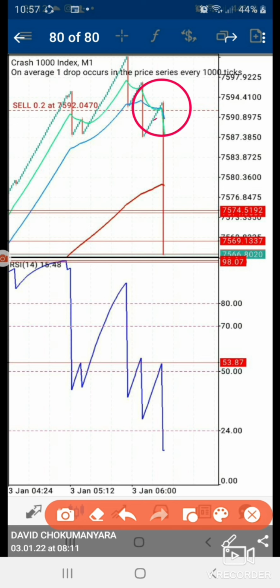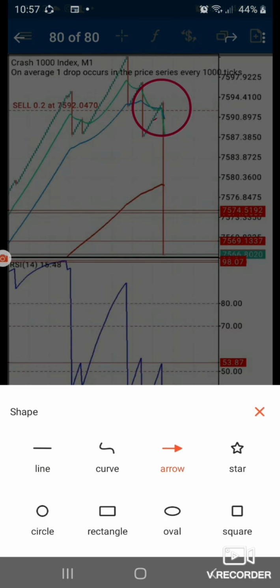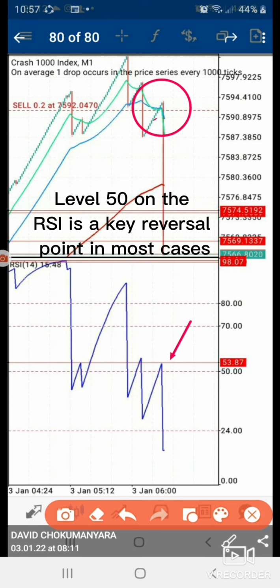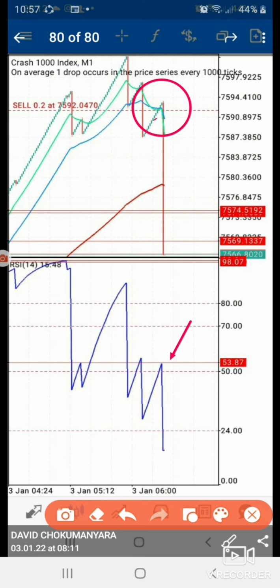Because if you look at it here, on this point, the RSI indicator is also on our resistance level. And again, it is closer to a key level that we have identified.